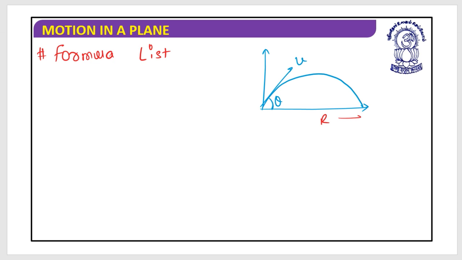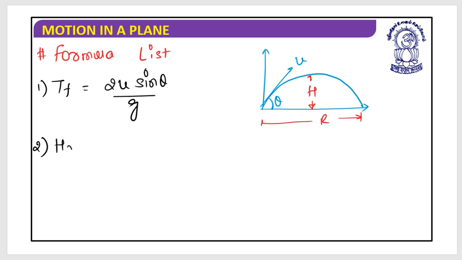This is the range, the maximum horizontal distance traveled by an object. This is the h max. So let's begin. First, it's the time of flight. You know the symbols now. It's 2u sine theta by g. Second, it is the h max, and my h max is u square sine square theta divided by 2g.